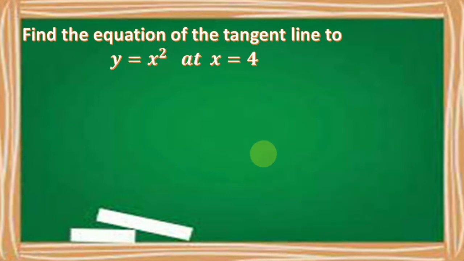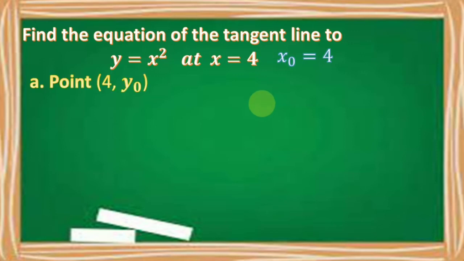Now, let us find the equation of the tangent line to y equals x squared at x equals 4, meaning x sub 0 is equal to 4. So, in our point, x sub 0 is given, and we have to look for the value of y sub 0 using the given equation y equals x squared.